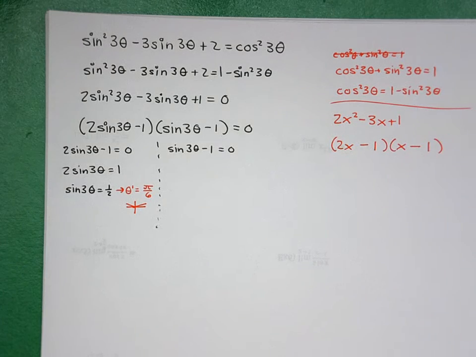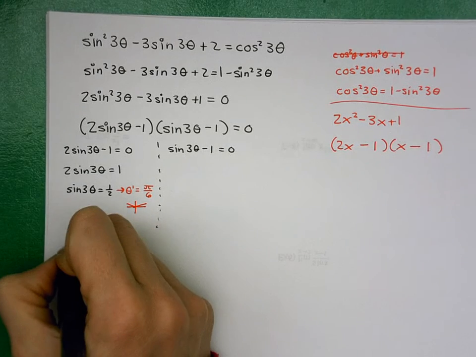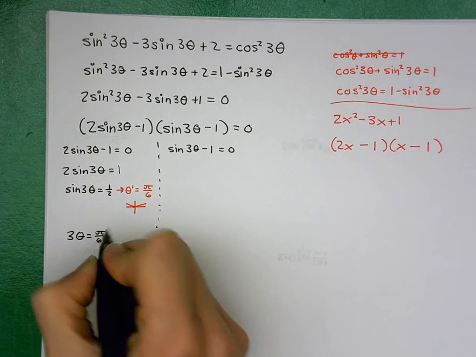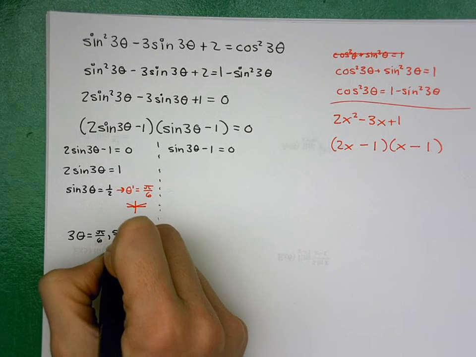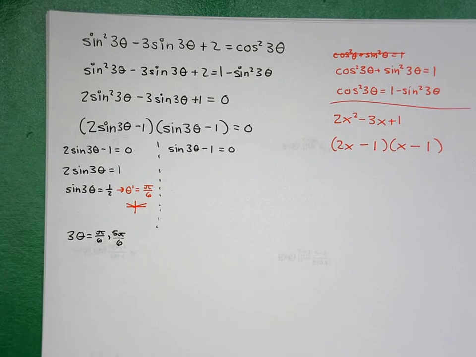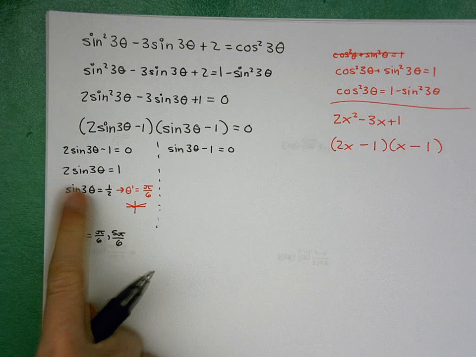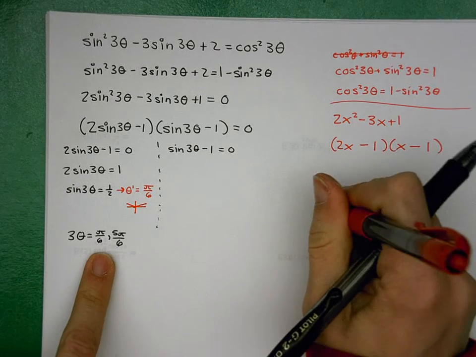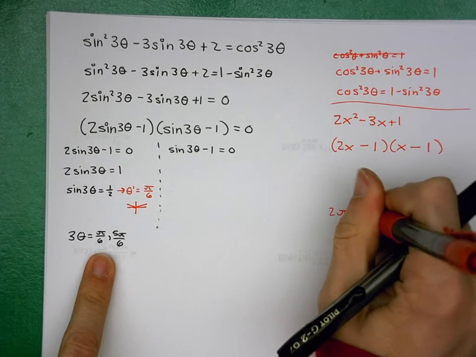And so my 3 theta here is going to equal my first quadrant pi over 6 and my second quadrant 5 pi over 6. And then this one is rotating 3 times as quickly, so we need to repeat this pair 3 times. So we're going to add 2 pi. Now 2 pi in sixths is 12 pi over 6. Right?